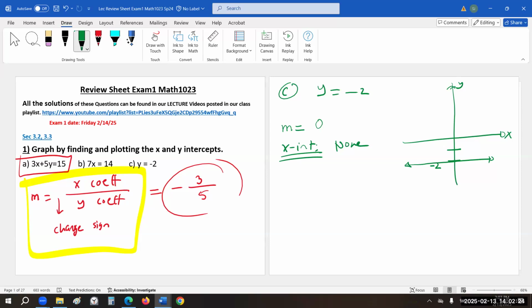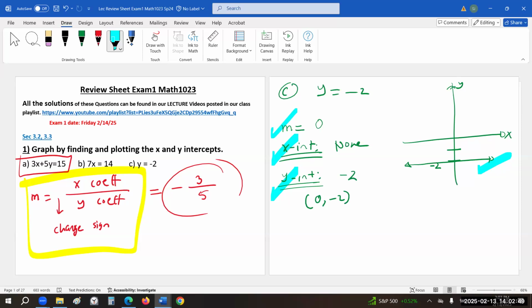There is no x-intercept. Now the y-intercept. What's the y-intercept here? -2. But they want a point: (0, -2). So we have all three: slope, x-intercept, y-intercept, and the graph.